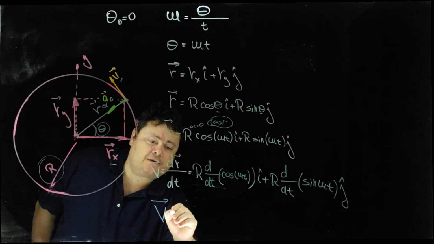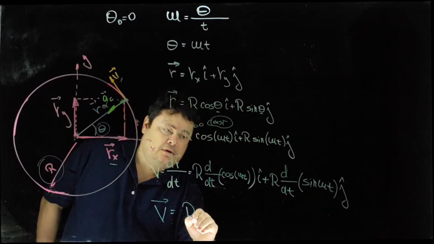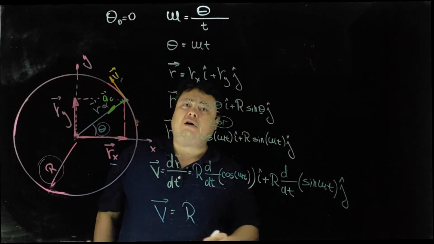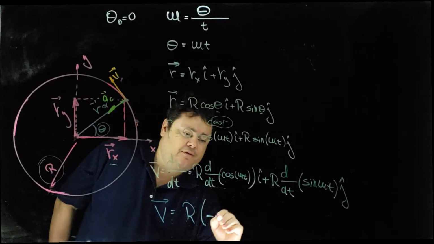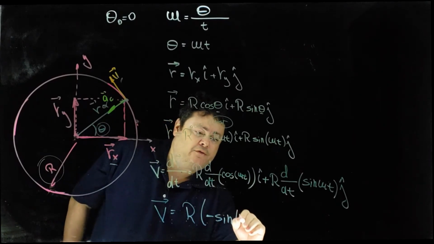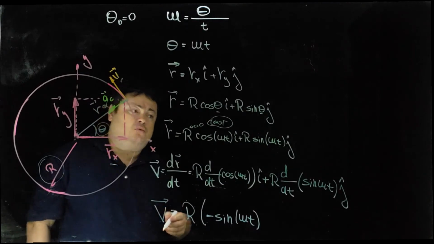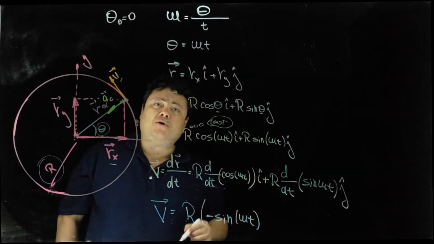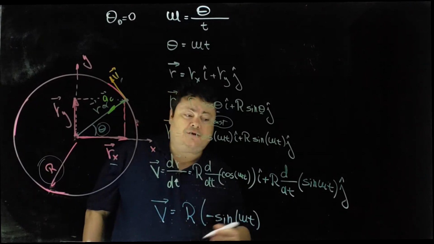Let's keep on writing this. This would be then r. The derivative of the cosine is negative sine of omega t. Now I need to use chain rule and take the derivative of the argument of the cosine. And the derivative of omega t with respect to t is just omega.